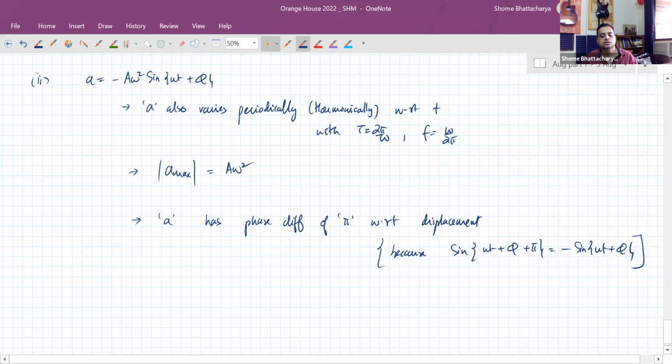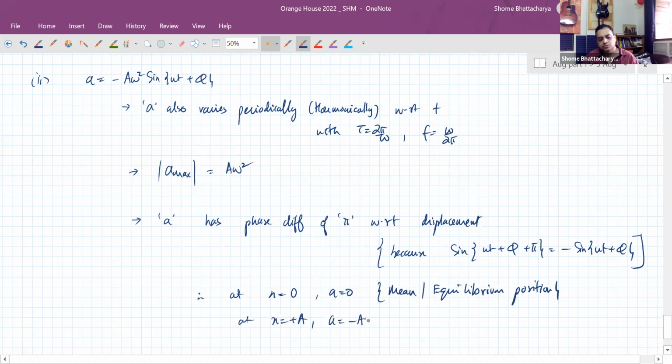So what this means is that at x equal to 0, acceleration is also 0. Mean, or what we therefore also call the equilibrium position. Equilibrium means that acceleration is 0, net force is 0. But at x equal to plus A, the acceleration is minus A omega squared. At x equal to minus A, acceleration is equal to plus A omega squared.